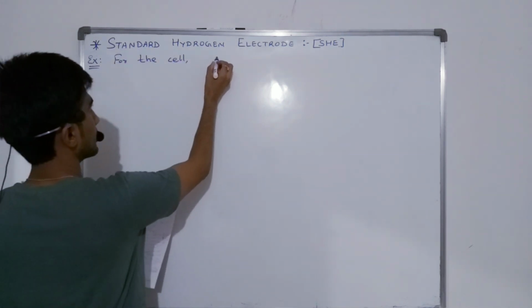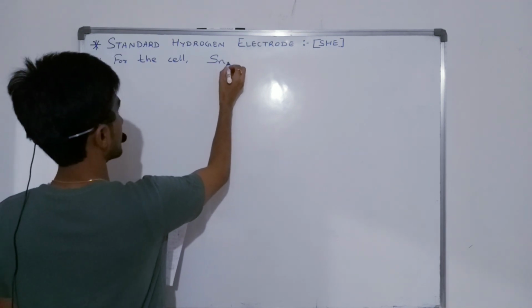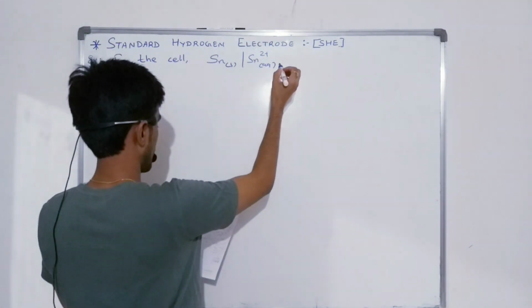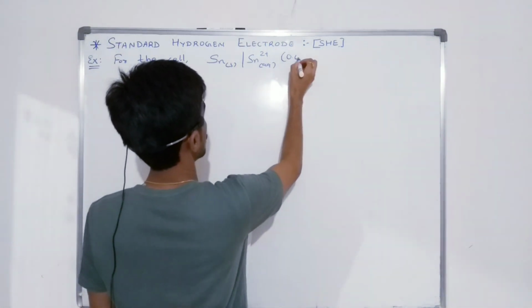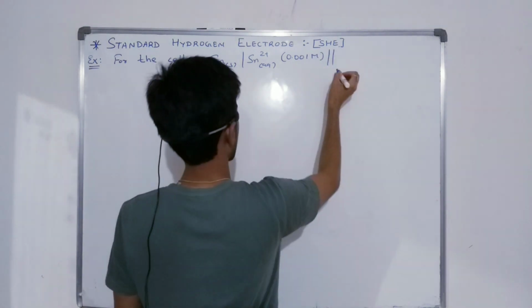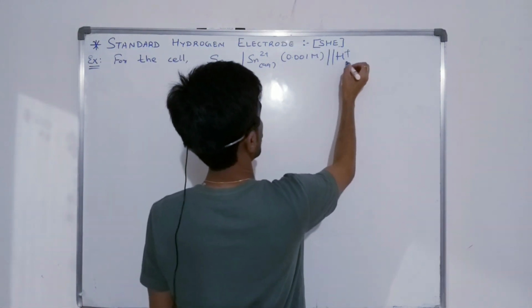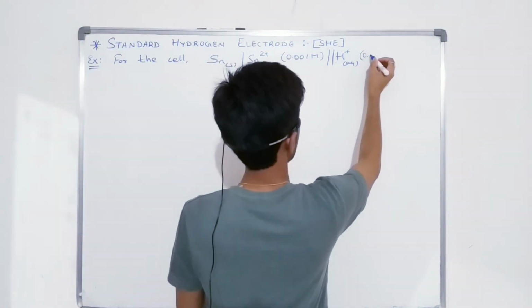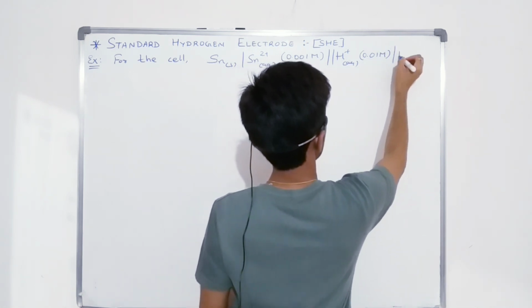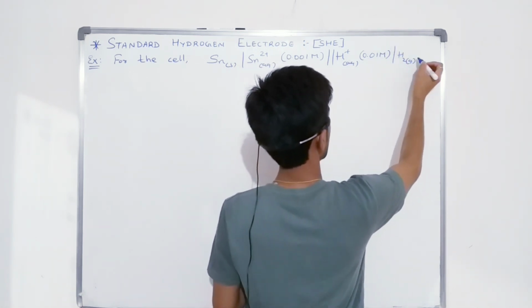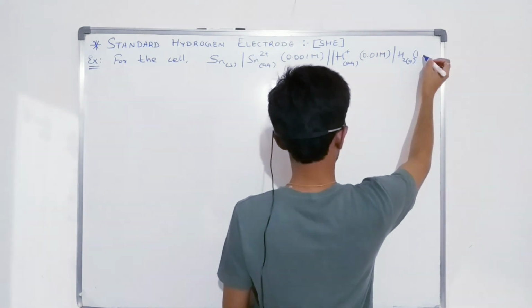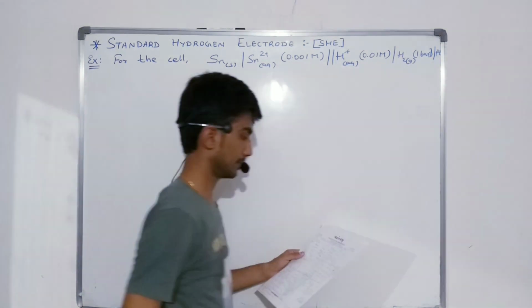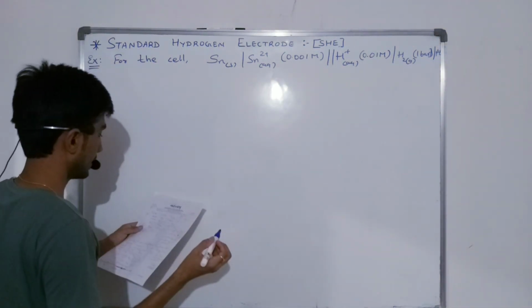For the cell Sn solid, salt bridge, platinum. Right? They have given the data.